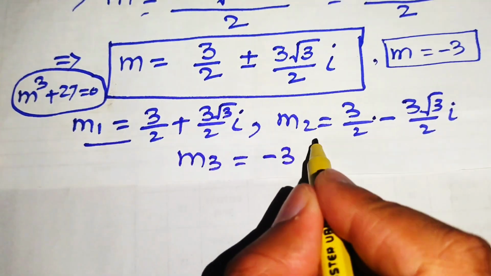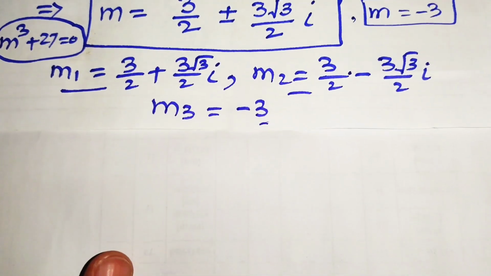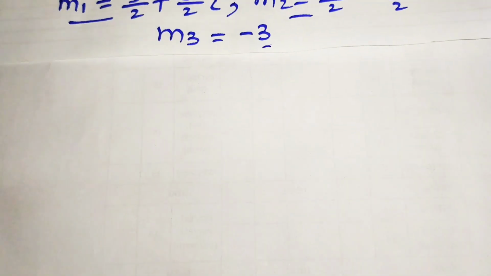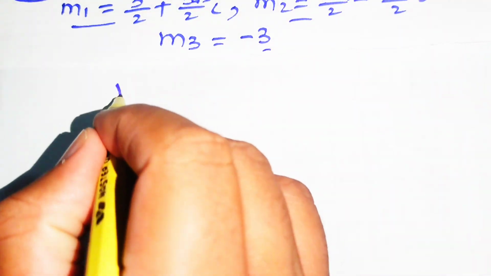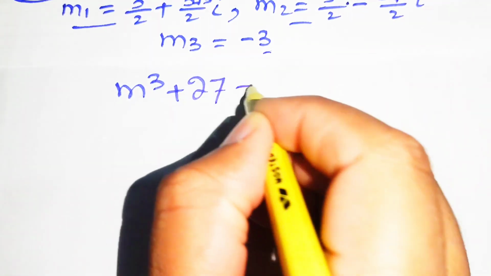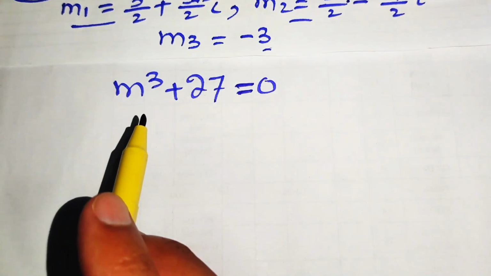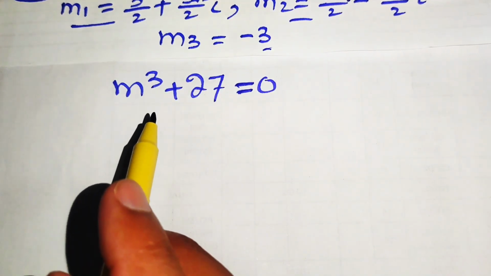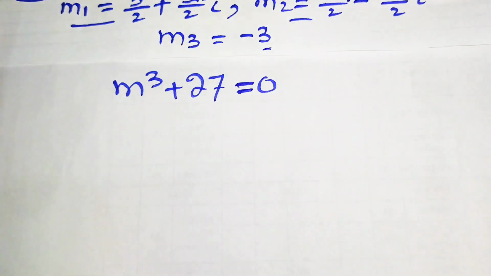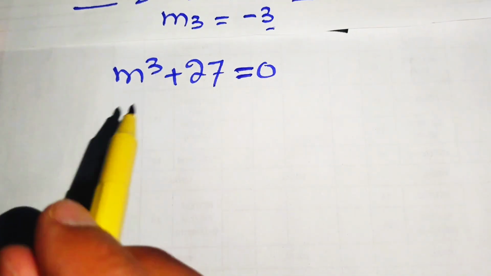So these are the three roots of the given equation. Now if we need only real roots of this equation, or if we neglect its complex roots, then we have another method to solve this problem.